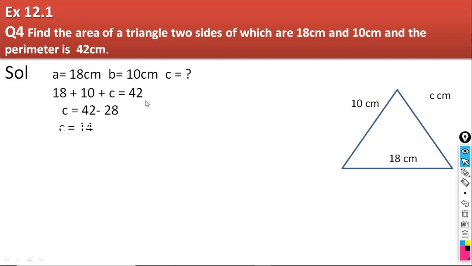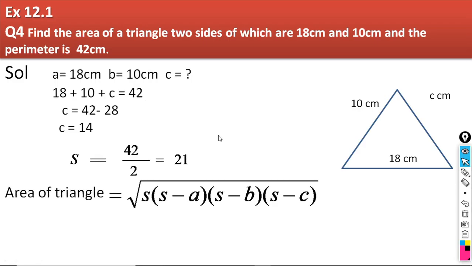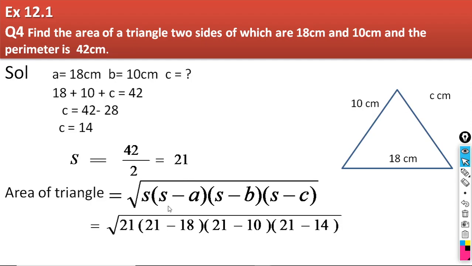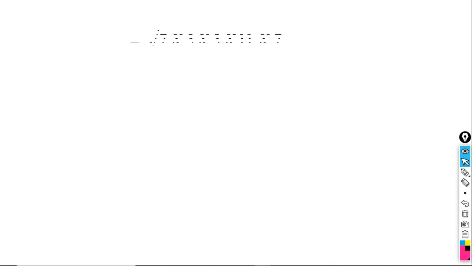We get C from here, C is 14, and find S semi-perimeter, which is perimeter upon 2, 21. Use the formula and substituting the values in the formula. It is 21 minus 18, 21 minus 10 and 21 minus 14. By simplifying that, we get 7 into 3 into 3 into 11 into 7.